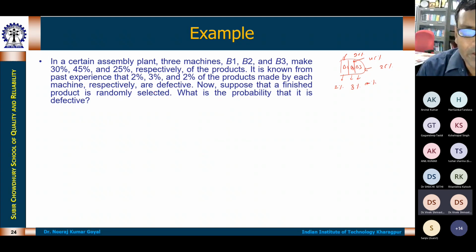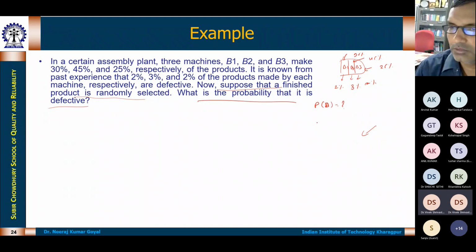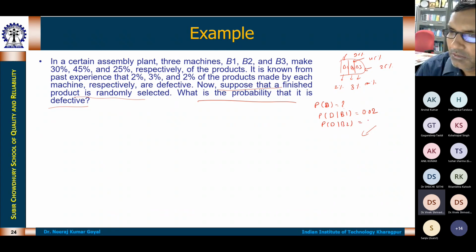Now, let us say out of production I pick up one sample. I want to know the probability that the product is defective. So I know the probability of defective when it is coming from B1 is 0.02. The probability of defective when it is coming from machine 2 is 0.03.